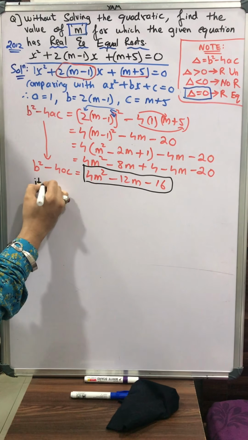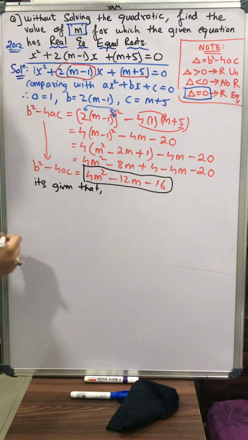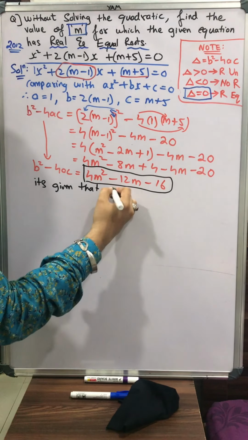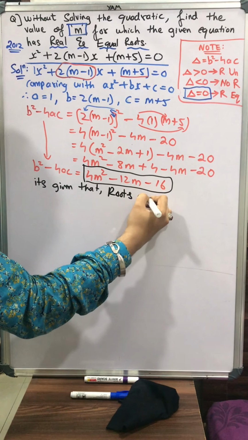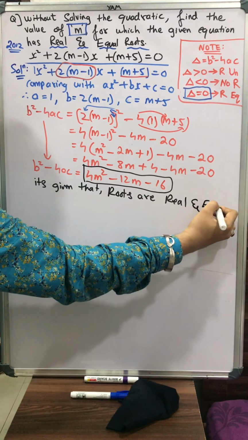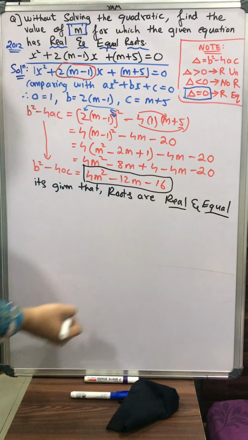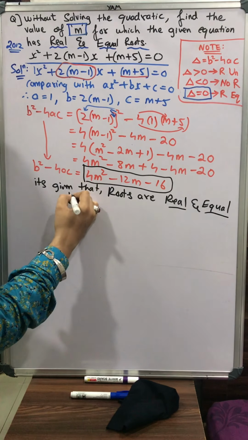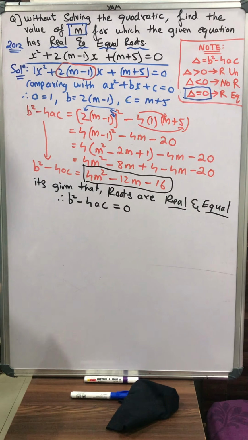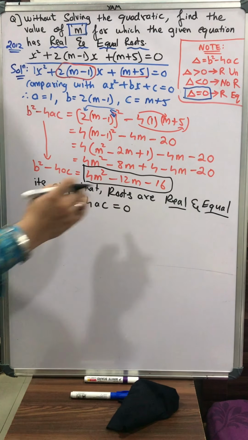It's given that roots are real and equal. So if roots are real and equal, therefore the value of b square minus 4ac is nothing but 0. It's a fact that when the roots are real and equal, the value of b square minus 4ac becomes 0.